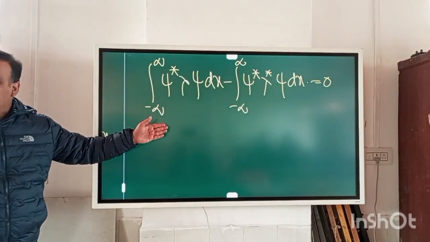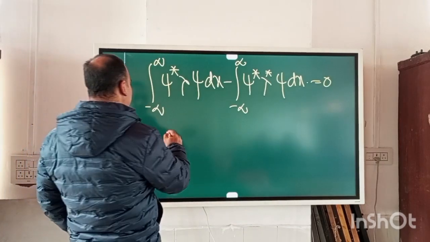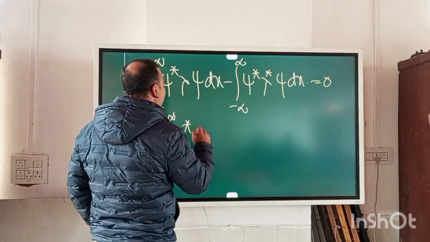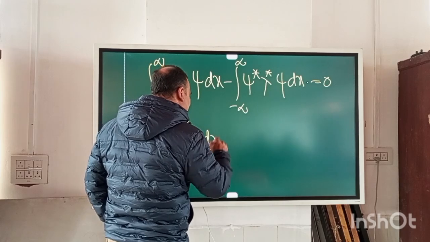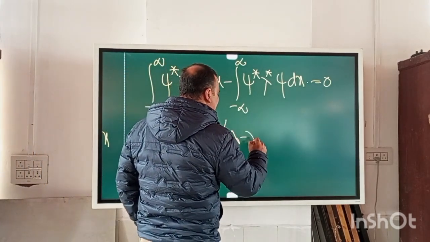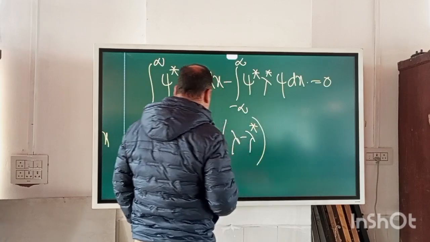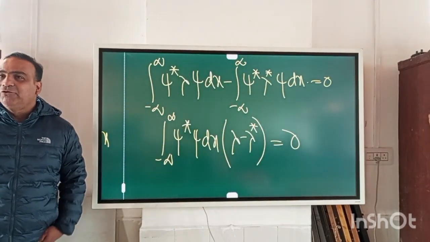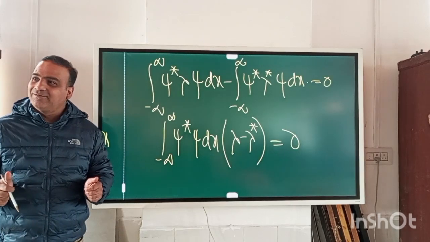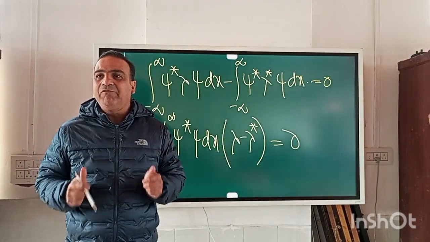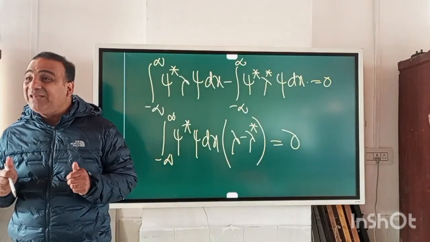Okay, what is common in this equation? I think the integral from minus infinity to infinity of psi star psi dx is common. And what is inside? Lambda minus lambda star is equal to 0. You remember the presumption? The presumption was that the wave function has to be normalized.